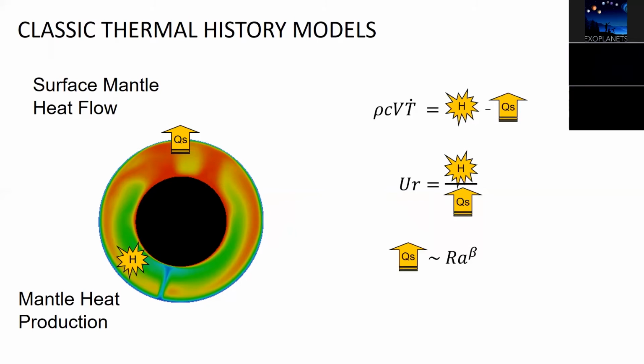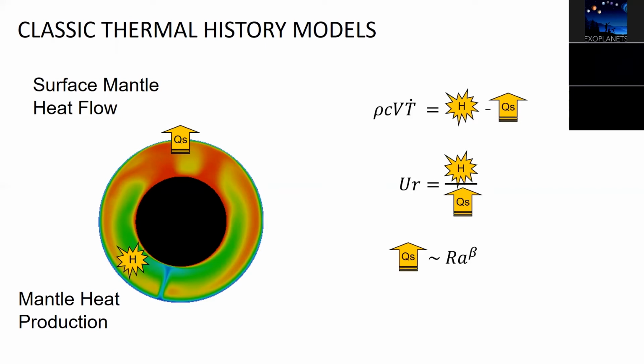For the heat produced, we only consider the decay of radiogenic elements, and the amount of heat that's lost is based on the assumed convective processes. For Earth, we're going to make the simplifying assumption that plate tectonics has been operating since magma ocean solidification until present day. There have been other hypotheses put forward as to maybe transitions between different convective regimes, but we'll just brush that aside for this talk.